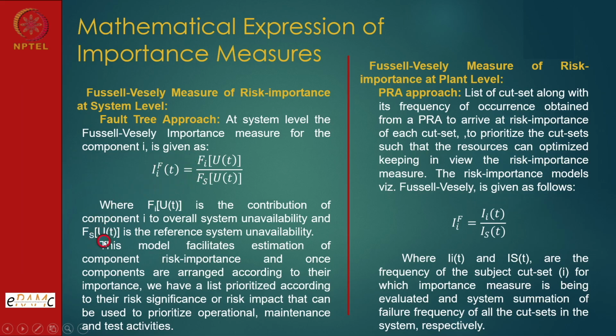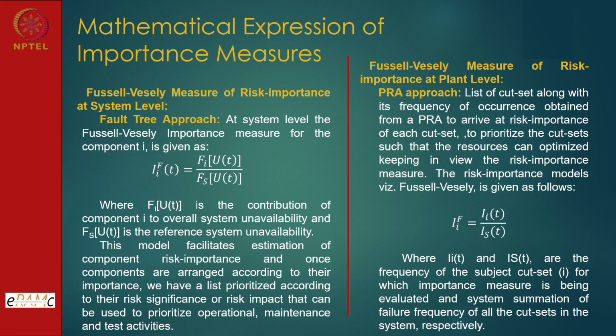The model facilitates estimation of component risk importance, and once components are arranged according to their importance, we have a list of prioritized component risk with risk significance or risk impact, and that can be used to prioritize operational maintenance tests. A simple example: if we have a problem in maintenance, which components are more important?